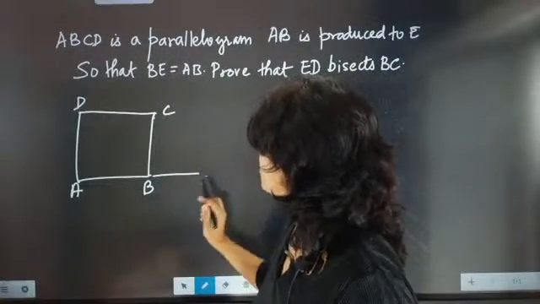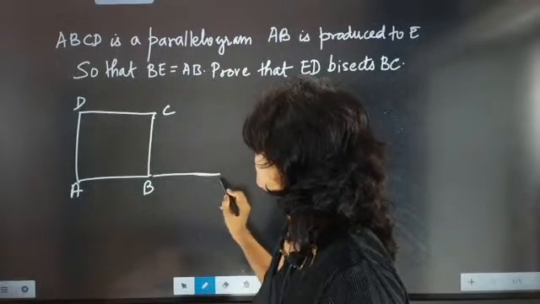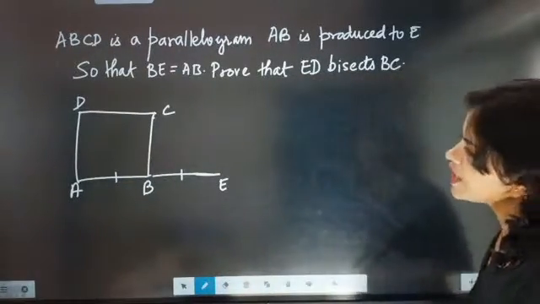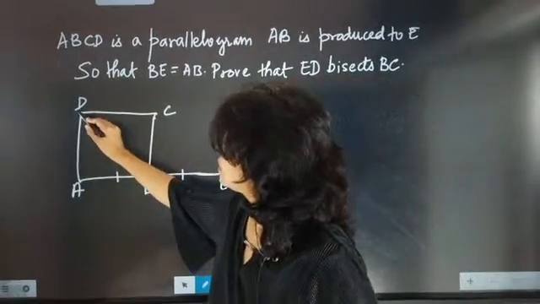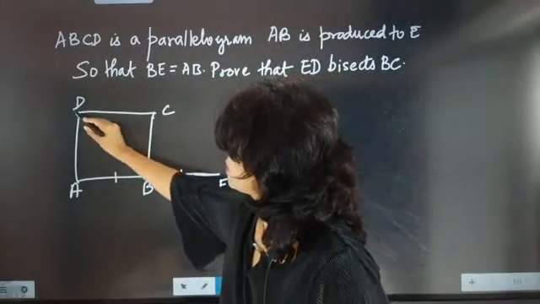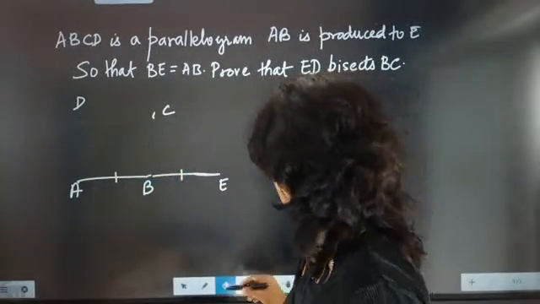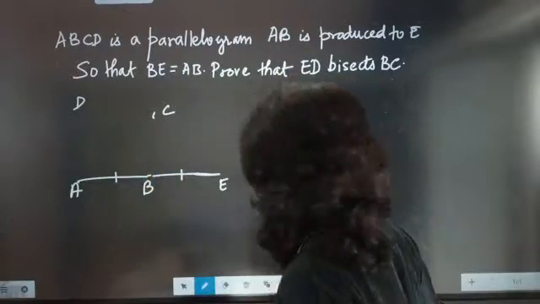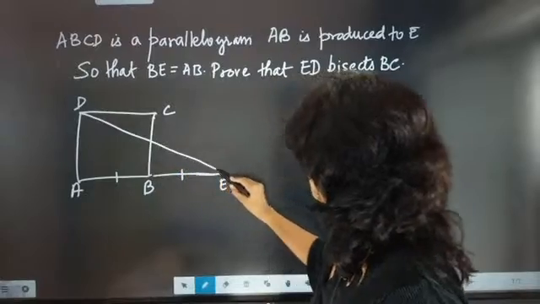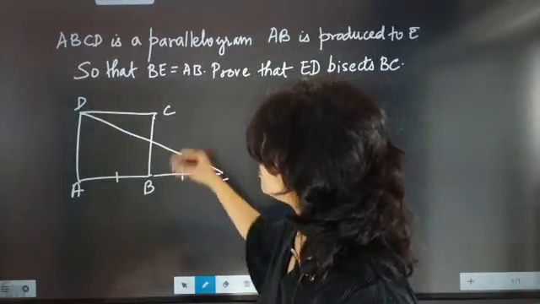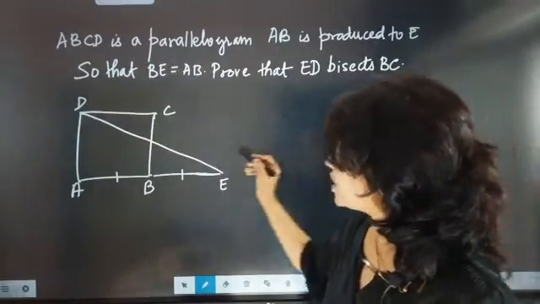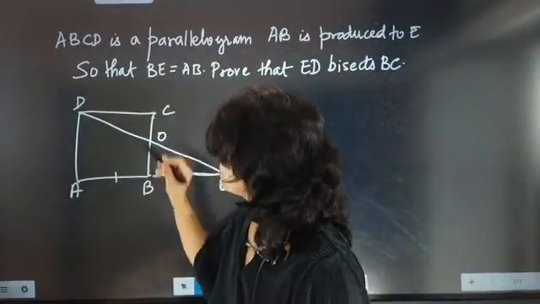So the length of BE and AB are equal, this length is equal to this length. Prove that ED bisects BC, this is what we have to prove. Shall we take this point as O?